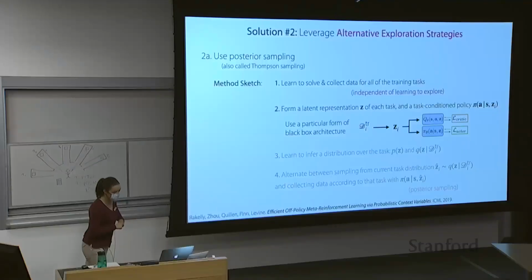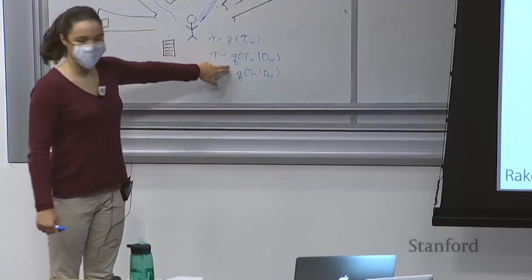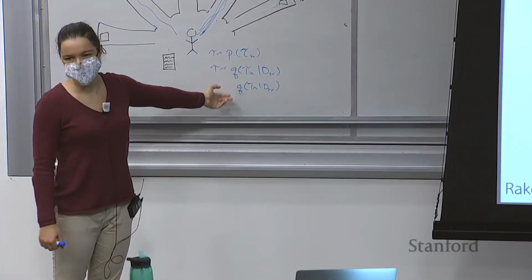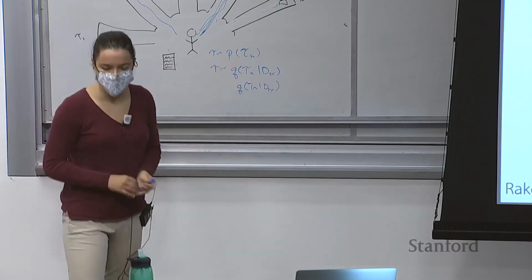Okay, so now we've gotten steps 1 and 2. We have a representation of the task, and we also have a task-conditioned policy. One thing we do not yet have is a distribution over the task. So we need to impose a distribution on our task variable.